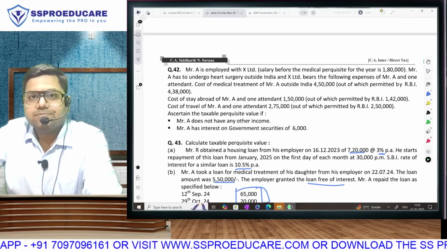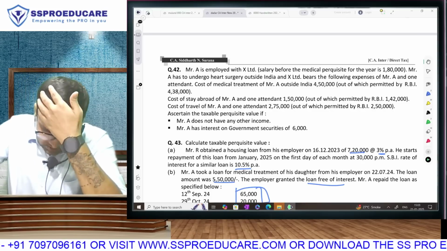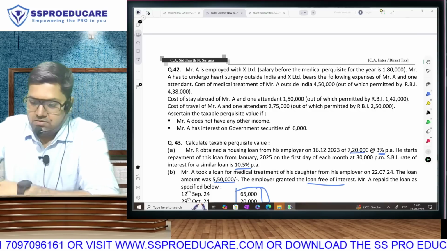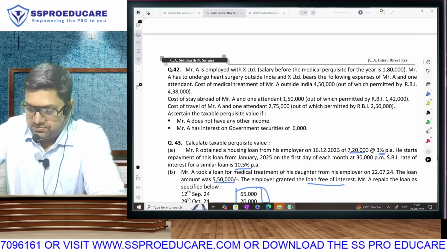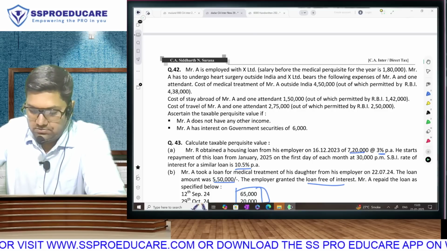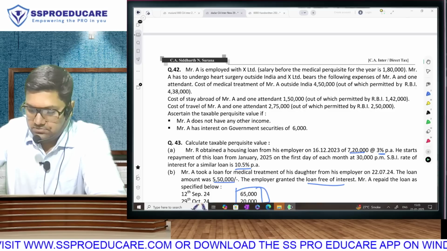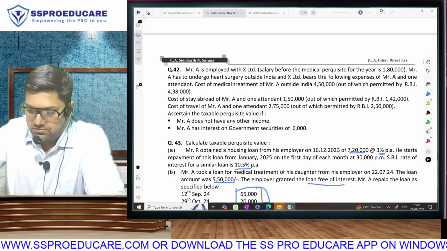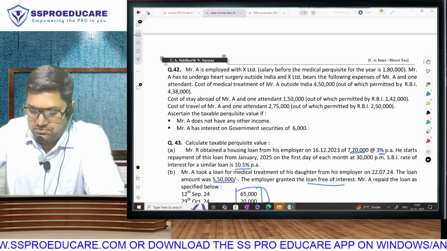Mr. A is employed with expected salary before the medical purposes for the year is 1,80,000. Mr. A has to undergo heart surgery outside India and X Limited bears the following expenses of Mr. A and one attendant.